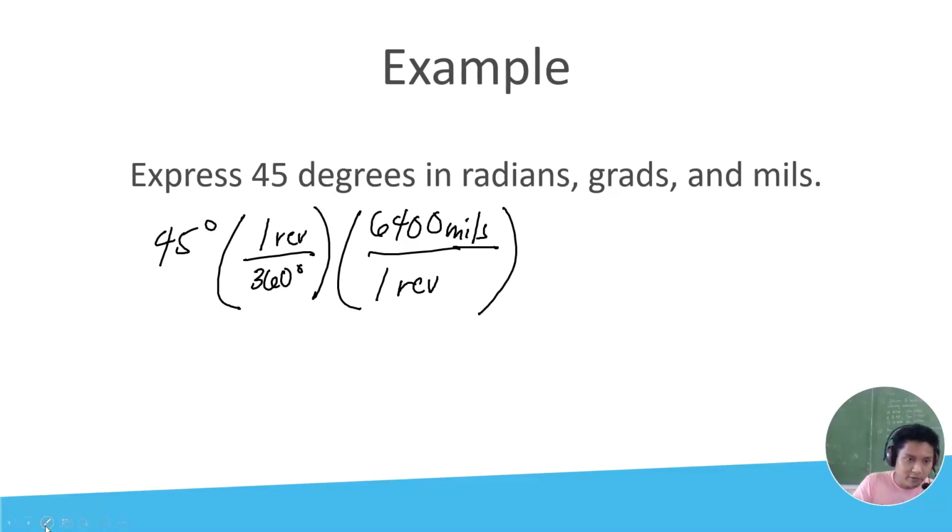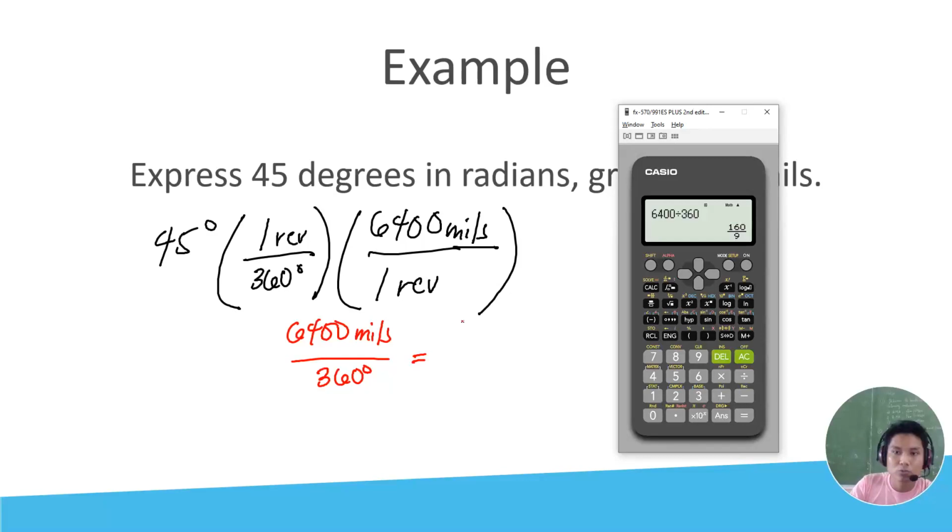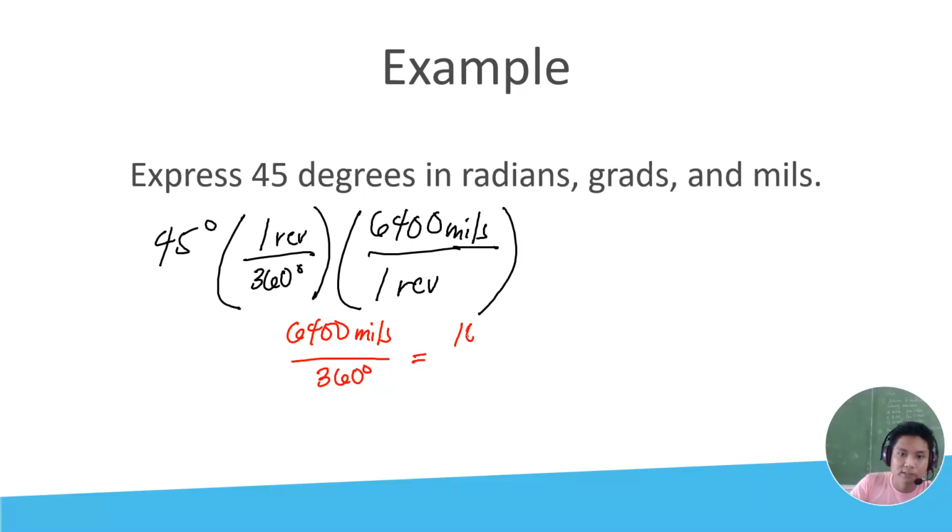Again, simplify the conversion factor so that we can directly convert degrees into mils. 6,400 mils over 360 degrees. Simplify, it is equivalent to 160 over 9, if we divide both the numerator and denominator by 40. So, for every 160 mils, it is equivalent to 9 degrees.